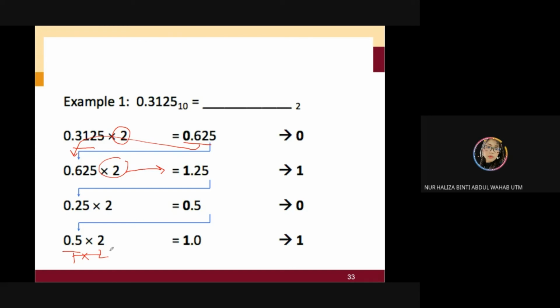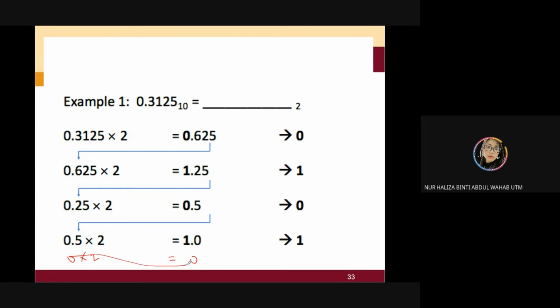The one that you need to bring down here is not the number in front, but instead the fraction part. So when you repeat the multiplication, you will reach 1.0, and then of course 0 multiplied with 2 will also give 0. So no need for you to do that.